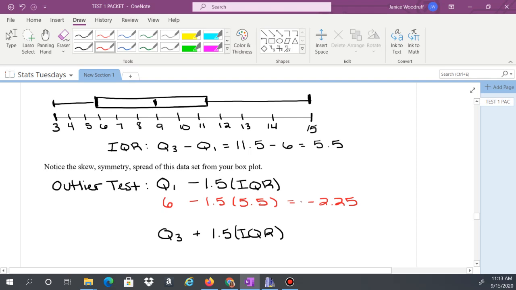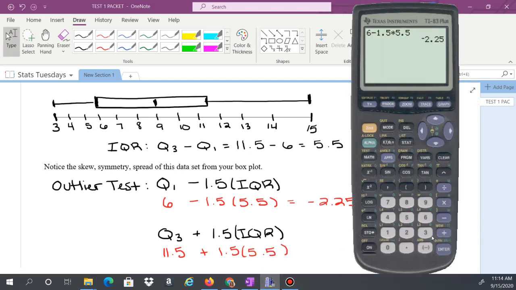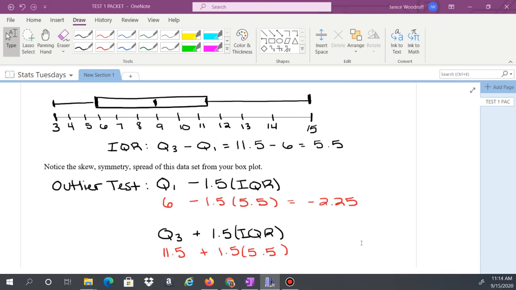Obviously, in our context, if we're talking about ages, that's not going to happen. Quartile 3, you have 11.5 plus 1.5 times 5.5. So we can put this in your calculator as well. 19.75. So if you had a 20-year-old, that would be an outlier in your data set.